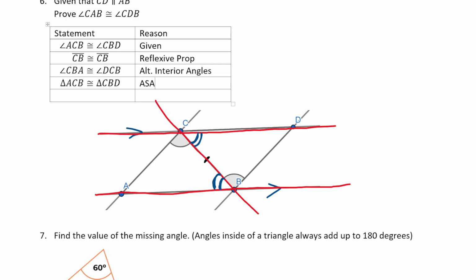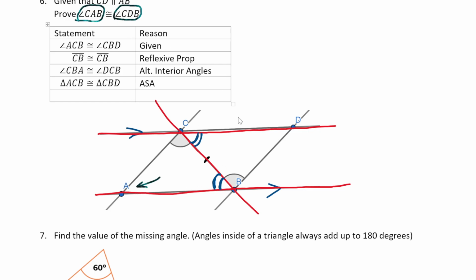Okay. So, because these two triangles are congruent, therefore, I can say that all the other pieces are congruent. And check. We're trying to prove that angle CAB is congruent to angle CDB. CAB would be this angle right here.